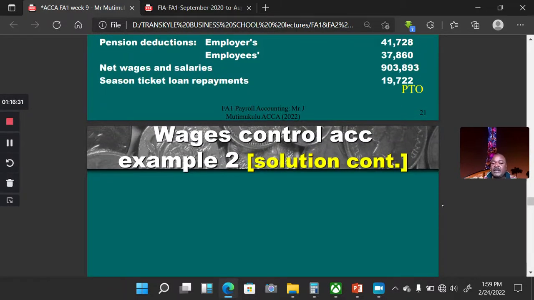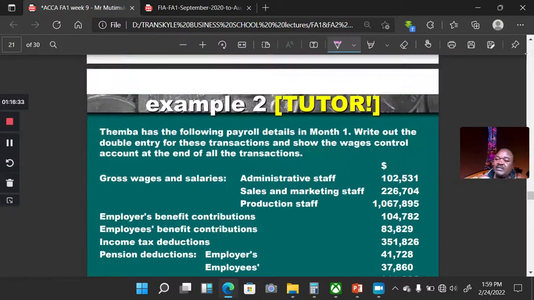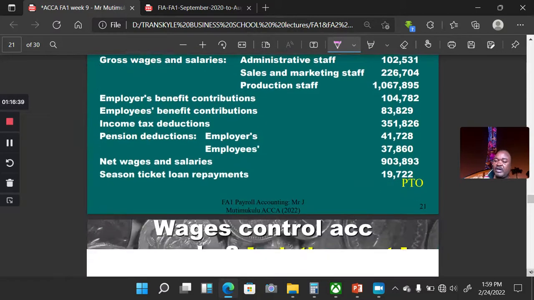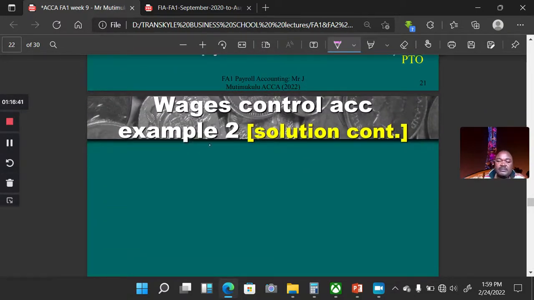Let's start with the double entry. The question says write out the double entry of these transactions. It's debit, credit.